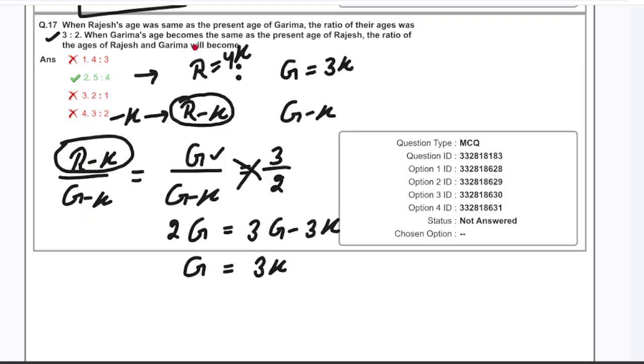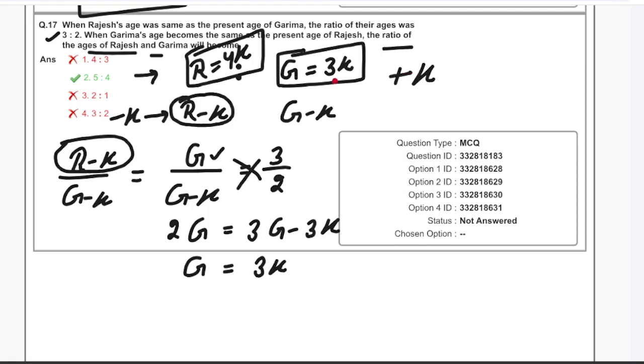This is the present age of Rajesh and Garima. Now the question is the ratio of the ages of Rajesh and Garima when Garima's age becomes the same as Rajesh's age. Rajesh's present age is 4x. After X years, Garima will be 4x, which is Rajesh's age now, and after X years Rajesh will be 5x.